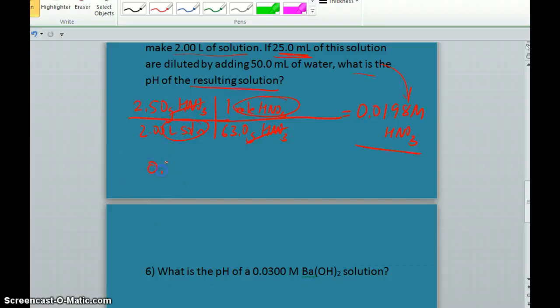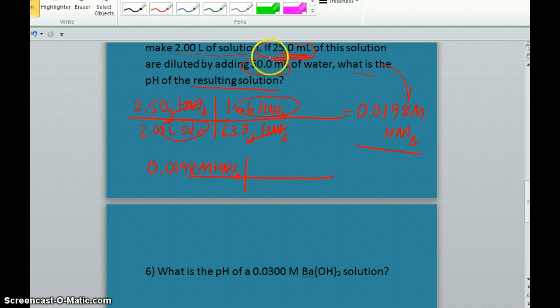And that means, since concentrations are inversely related to volumes during dilution, and since we're going from a volume of 25 milliliters to a volume of 75 milliliters, because after all, adding 50 milliliters of water to 25 milliliters of solution gives me 75 milliliters.